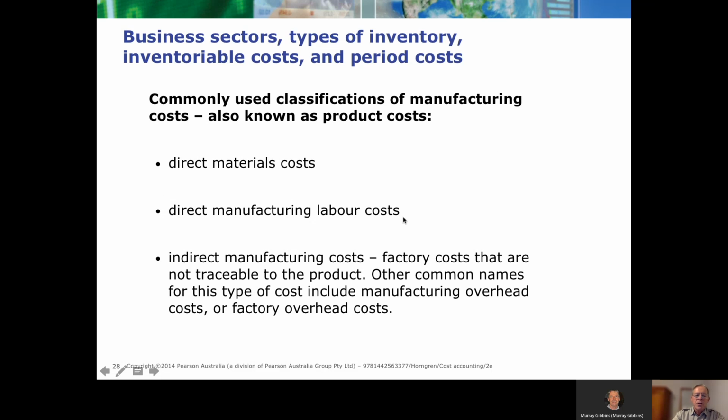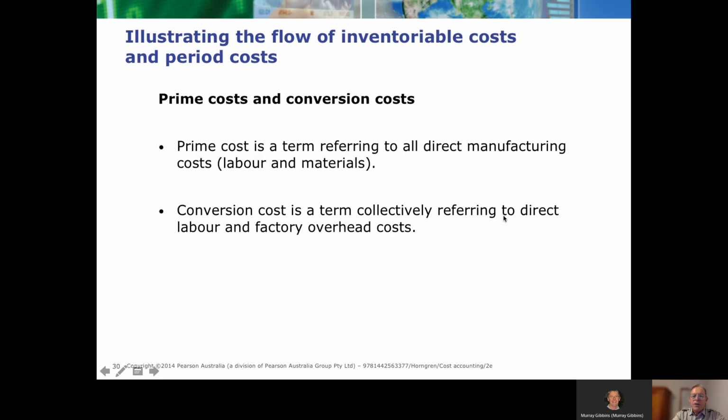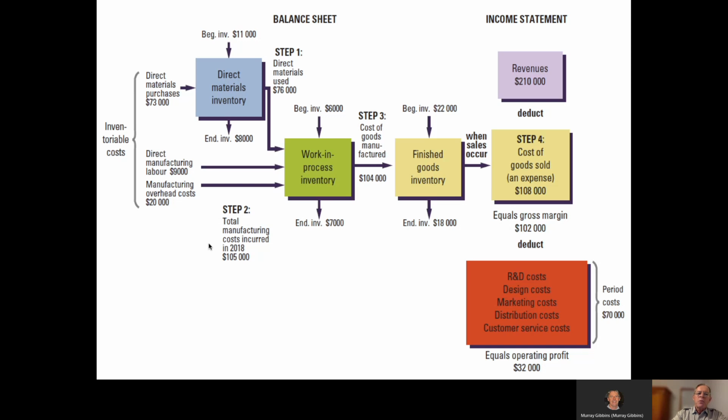And the answer is direct labour and factory overheads. So there is our definition for conversion costs: factory overhead costs and direct labour. I think we've talked about that. So we're nearly there.